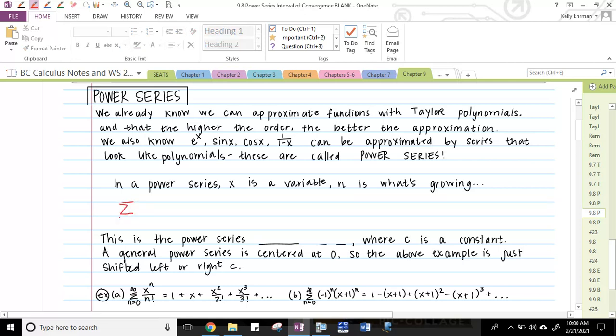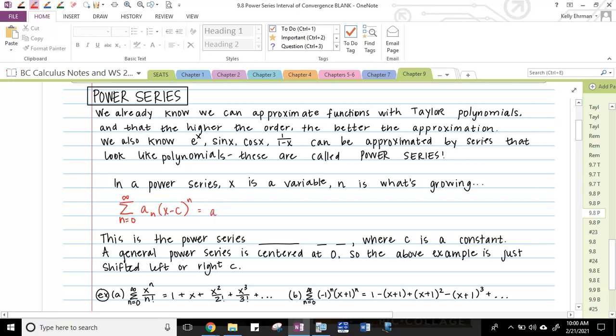A power series would look something like this: the sum from n equals 0 to infinity of some coefficient, a sub n, times x minus c, that's the variable minus the center, raised to the n power. Remember this coefficient in front might really determine how different the terms look.